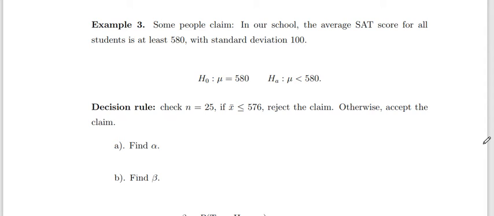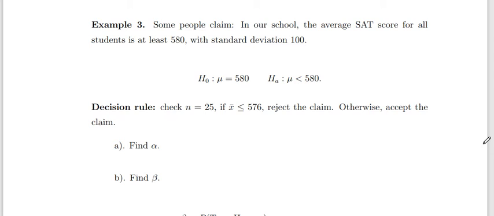Some people claim the average SAT for all students is at least 580 with standard deviation 100. So this is other people's claim: average 580, standard deviation 100. Maybe we don't believe their claim.